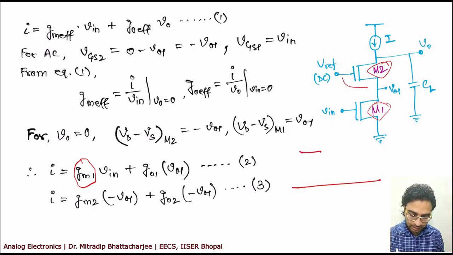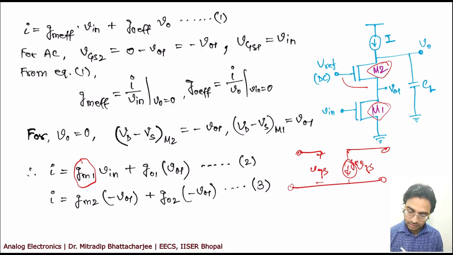If you remember these circuits, this is VGS, and the total current you used to calculate is GM into VGS. So this is the same, GM into VGS. In this case, VGS is equal to V in, right? For M1. So your VGS1 is equal to V in.